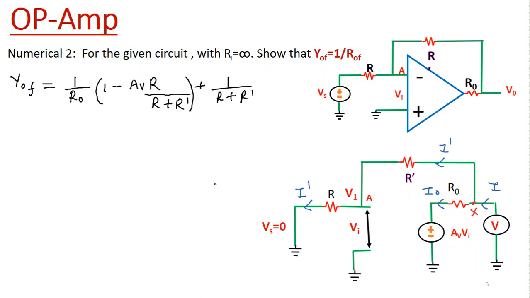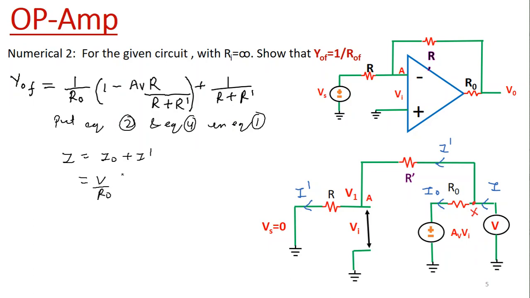Now we put equation number 2 and equation number 4 in equation number 1. What was equation number 1? I is equal to IO plus I dash. So IO is V upon RO multiplied by 1 minus AV R divided by R plus R dash.